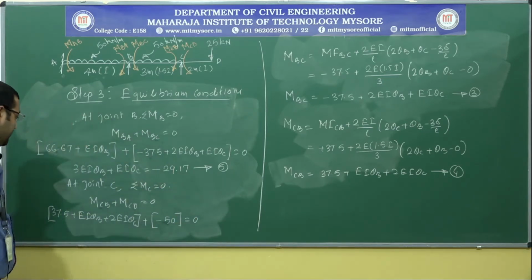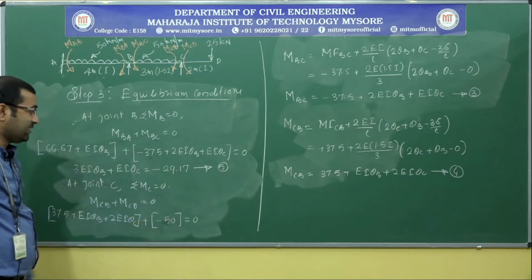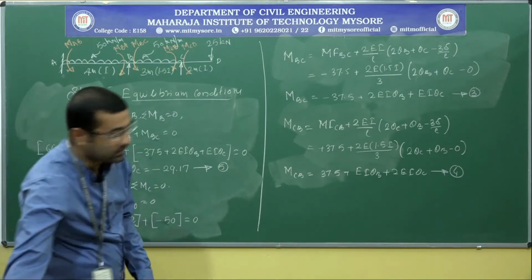So this is 37.5 plus EI theta B plus 2 EI theta C plus minus 50 kilonewton meter, right.